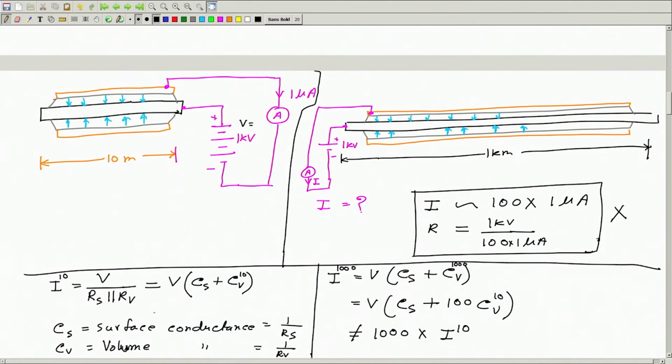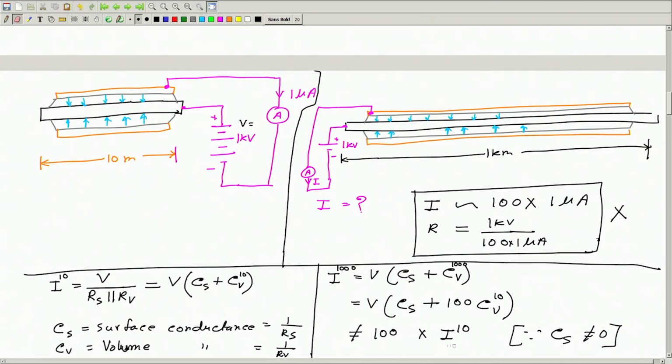Okay. Because Cs is not equal to 0. If Cs was 0, if we erase this Cs from here and here, then you see these two currents are 100 times of each other, not 1000, 100.